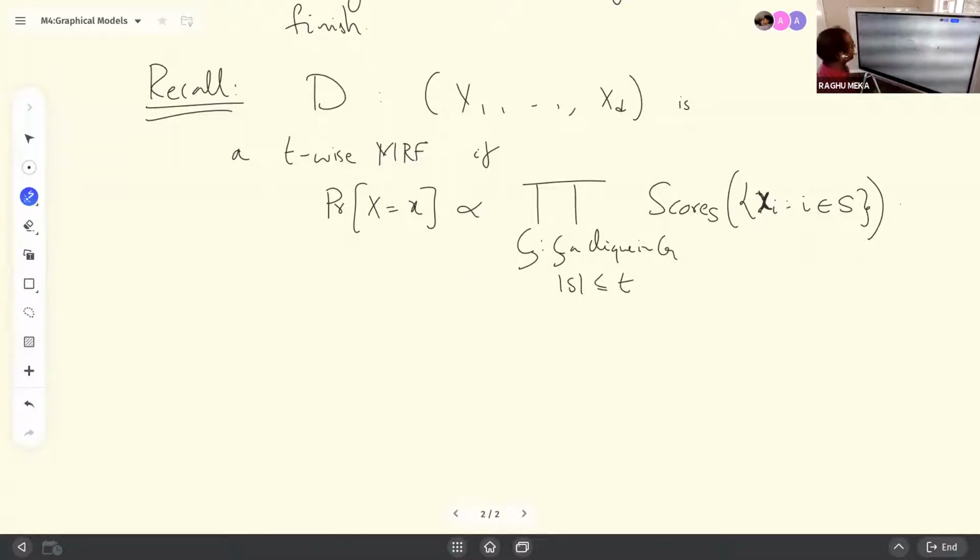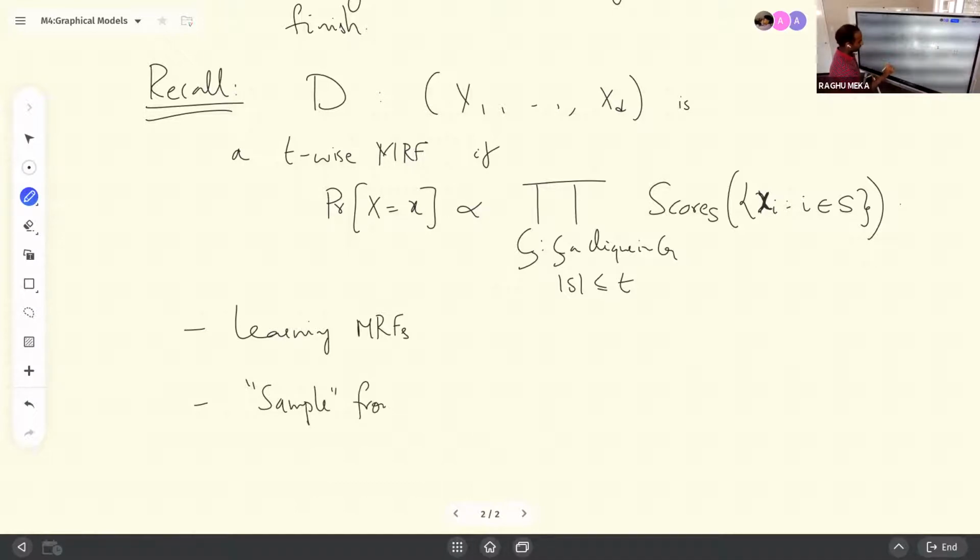Right? So there's just so much research in this area that I can't touch on all the questions. So we are studying learning MRFs. Okay, and there's a parallel field where you just want to sample from MRFs.